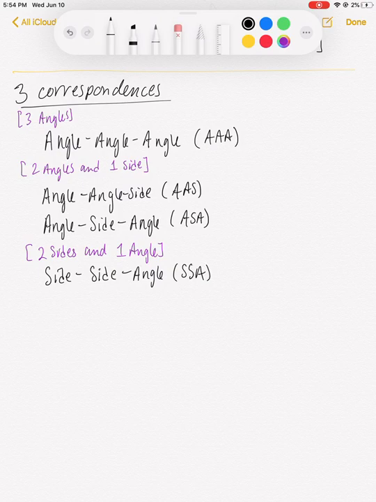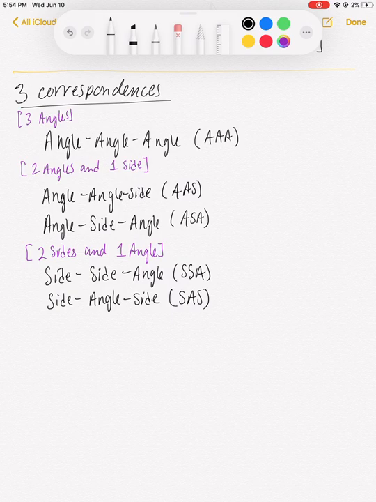Okay, that's SSA, where we pick any two sides in the triangle and then any angle. The other one is a little bit special, like angle side angle. This is called side angle side. We can pick any two sides, but the included angle is the one that will be part of this test.